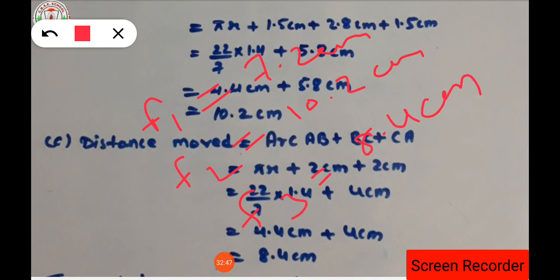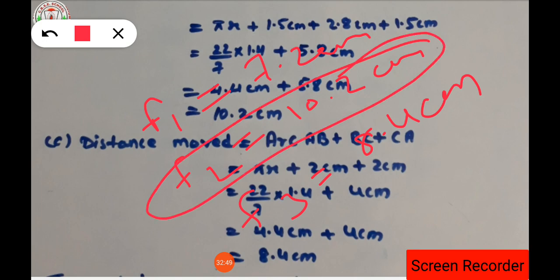Whose perimeter is larger? The second one, that is B part. So the ant has to travel more distance in the second figure, 10.2 centimeter, compared to figures 1 and 3. Clear everyone?